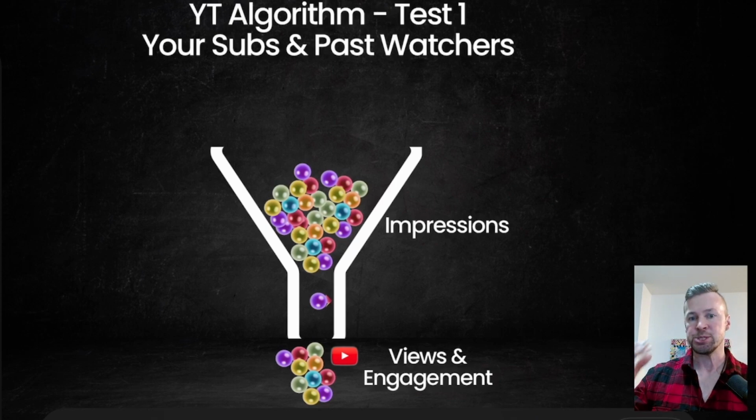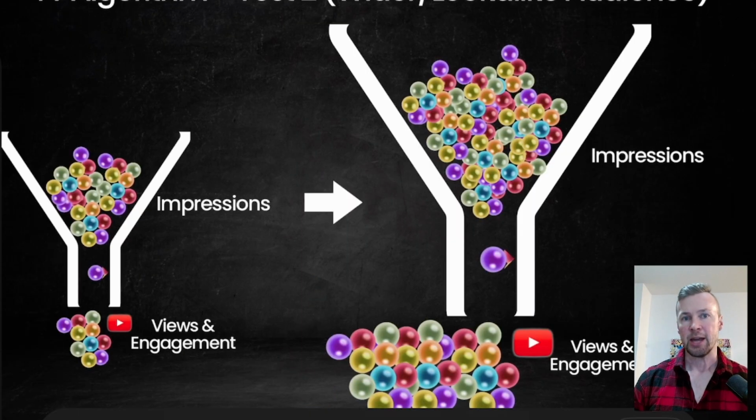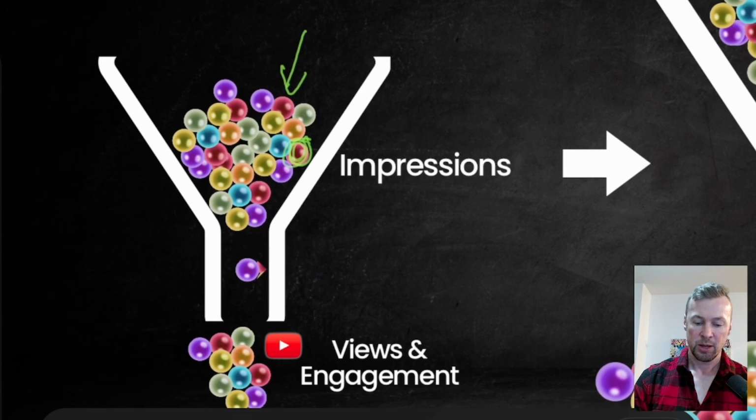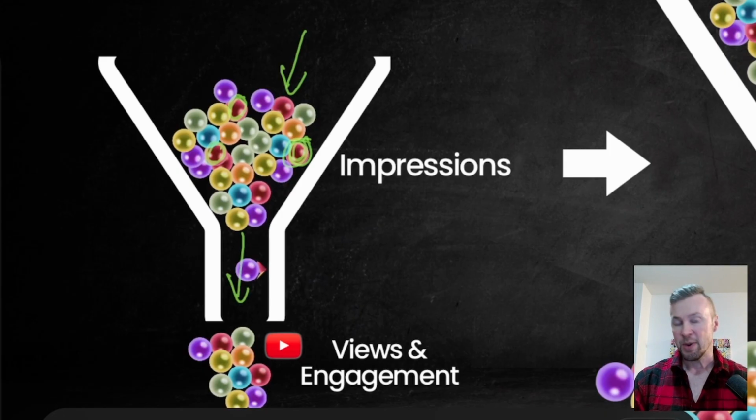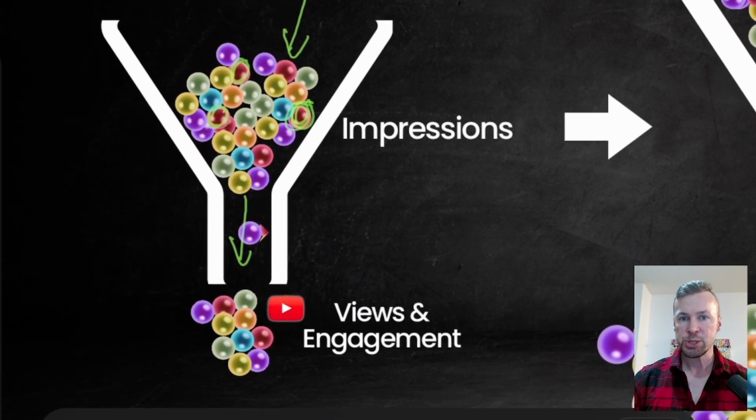So think of it as a series of tests, and every impression is a marble. Bear in mind, some of these marbles are going to end up your actual high-ticket clients that come to you eventually. So we want as many marbles in the pot as we can in the funnel. Some people will click, many people will not. And depending on whether they like and engage and everything like that, then YouTube will score our video.